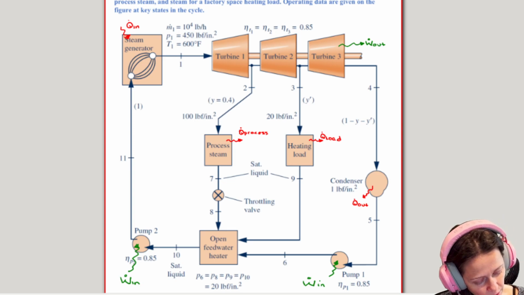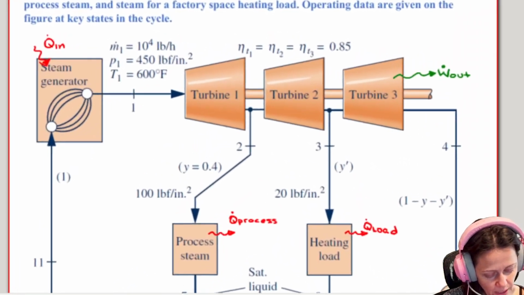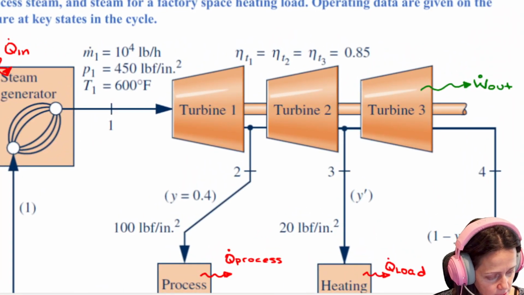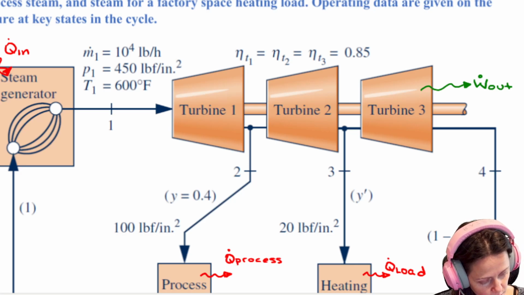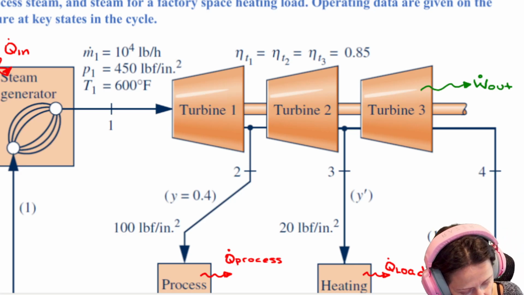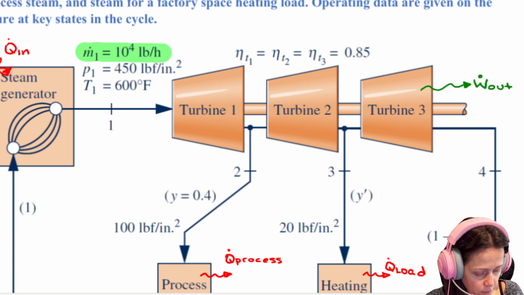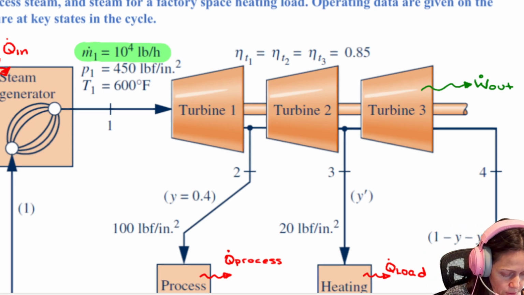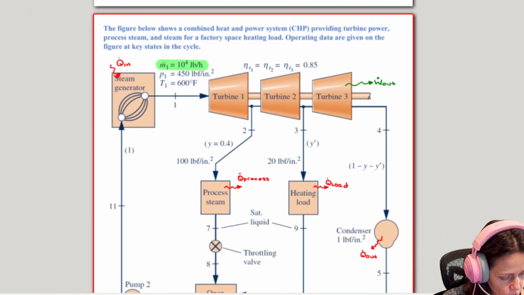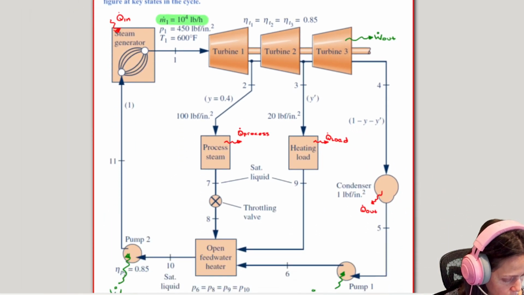All right, so they give us enough information. They give us m dot, and then they give us enough information to get the h values at states 1, 2, 3, 4, looks like all throughout.